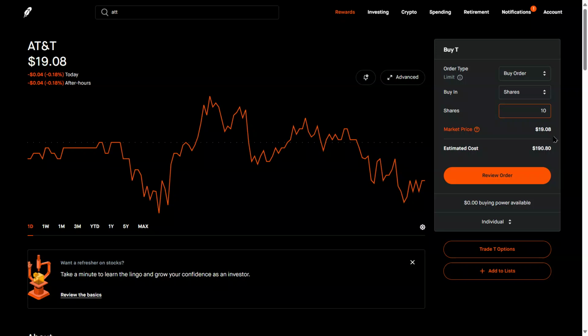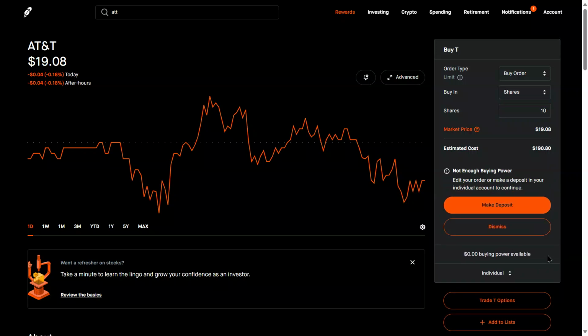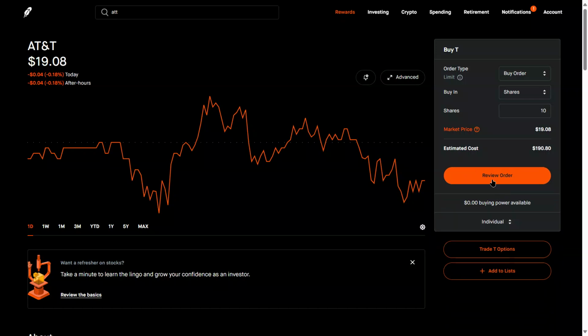So when you hit that, if you wanted those 10, I'm not sure they're going to let me go through the whole process because I don't have any buying power here. Like I said, this is an account that's deactivated, but I hit it. Oh yeah, see, they want me to make a deposit, right? But if I wanted to buy that, I would hit review. Another screen will come up. Boom, hit buy, and I bought it. You know what I'm saying?